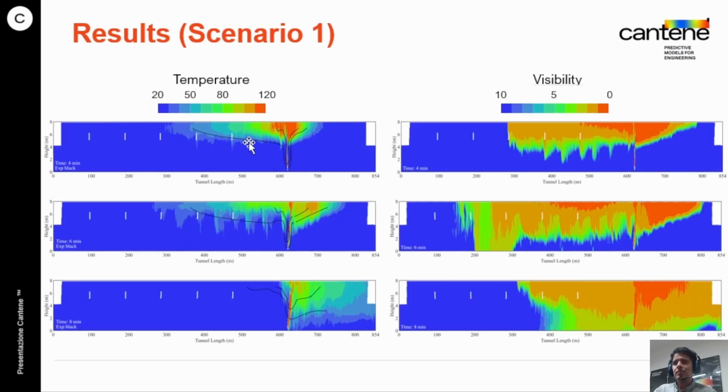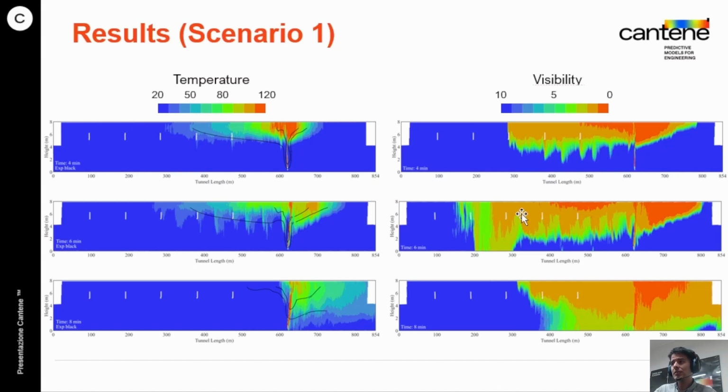Here we can compare them in slices at 4, 6, and 8 minutes. The black line represents the experimental measurements. The 50 degrees remains a little bit further down the tunnel towards the north portal when compared to the color change that represents the 50 degrees in the slices.